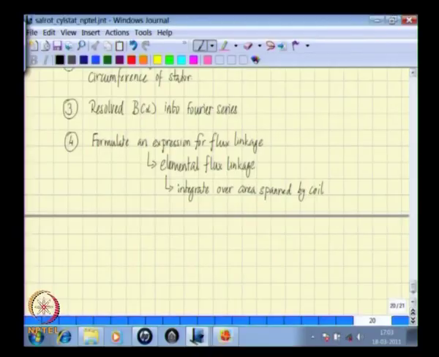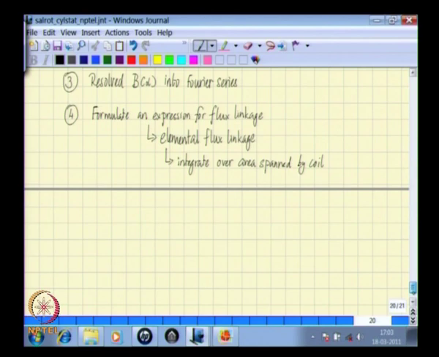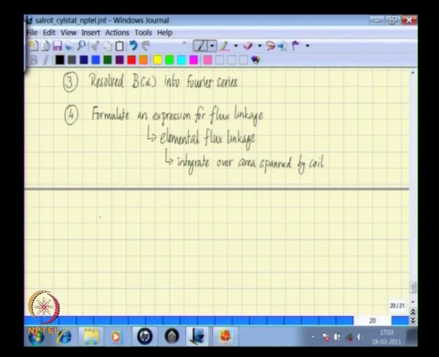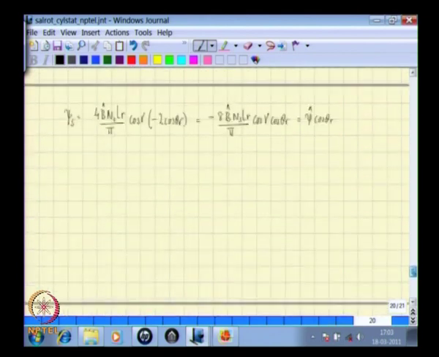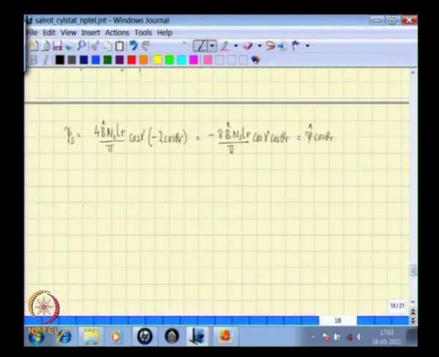And then we observed that these terms pertaining to the harmonics die down fairly rapidly, and for most analysis it is sufficient to consider only the fundamental term, and that fundamental term we found in the last lecture could be written as psi s is equal to this expression.